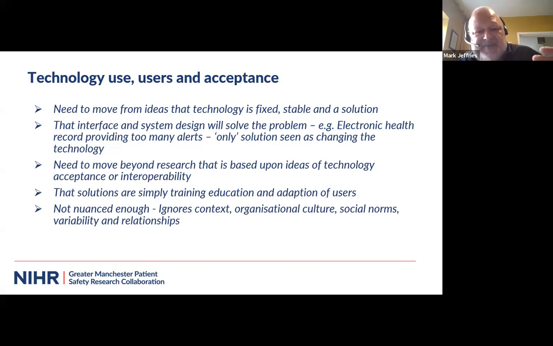We need to move away from research based upon the idea of technology acceptance or interoperability, and simple solutions that training and adaptation of users will change everything. None of that, I think, is nuanced enough. We need to look at context and organization, culture, social norms, variability, those relationships, those interactions. Next slide, please.